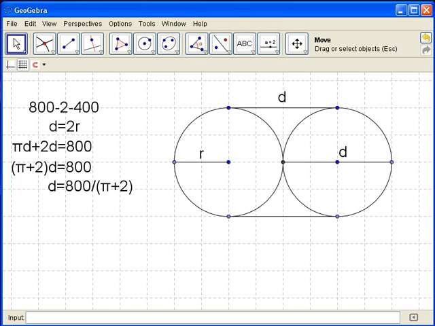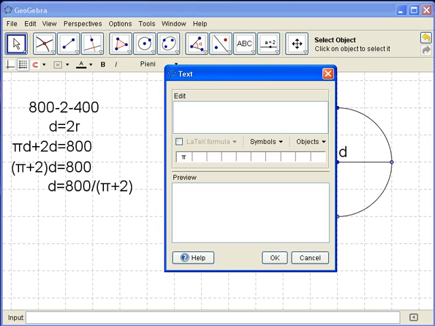Okay, and that in turn is roughly, let's see, the value of pi is roughly 3.142. So the diameter equals 800 divided by 3.142 plus 2.